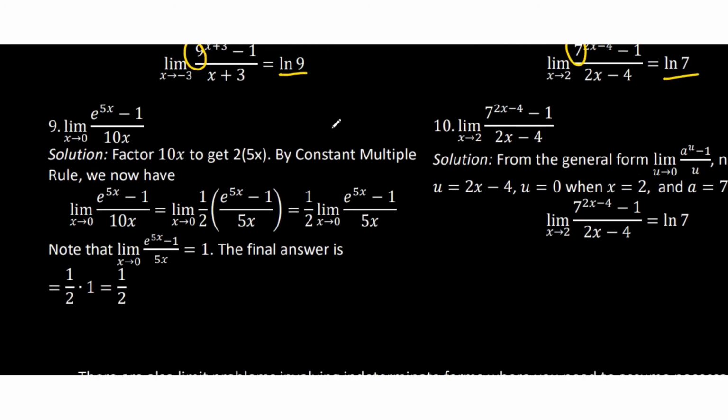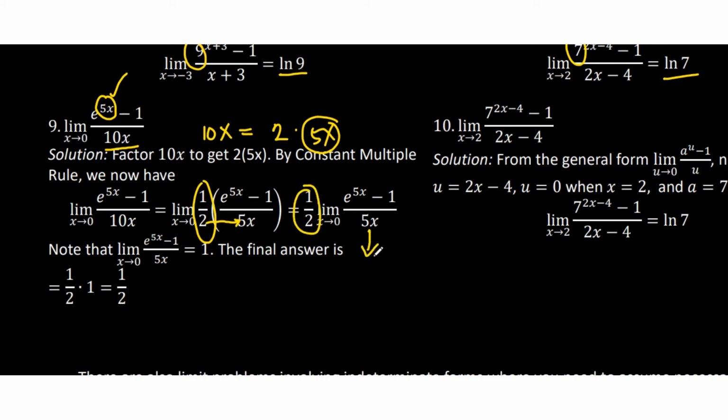Now, in number 9, ito ang kakaiba kasi this is 5x, but this is 10x. Tandaan mo na ang 10x ay pwedeng magkaroon ng 2 times 5x. Itong 5x ang kailangan mo para gayahin niya yung 5x dito. Yun ang dahilan kaya humiwalay ang 1 half. Kasi 2 times 5 is 10. So, ihiwalay mo ang 2 in the denominator at magiging 1 half yung nakahiwalay na constant.